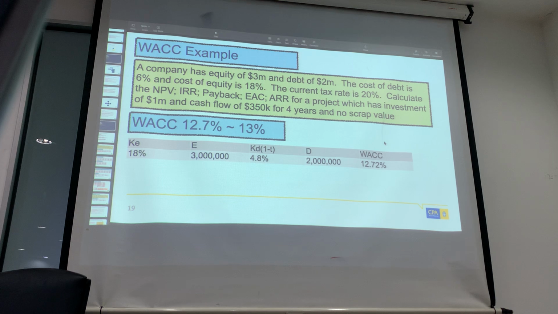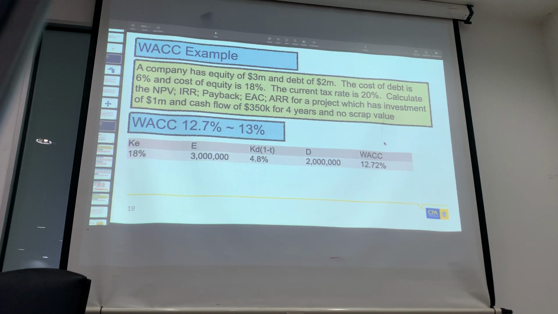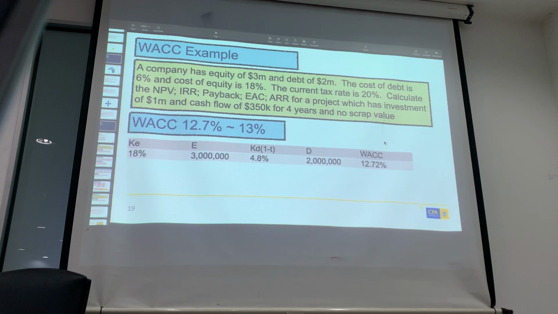Guys, you should use the annuity factor. I already made it easy for you to use the annuity factor, so you should be able to calculate this quite fast. For IRR, I think you should try maybe positive or negative, and 13%. I don't know. I'll let you do it first. I won't tell you anything. You make your own decision.